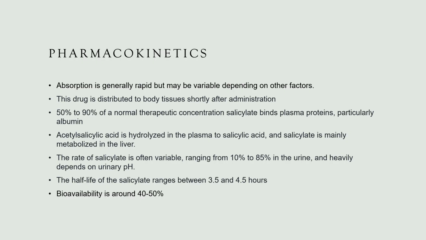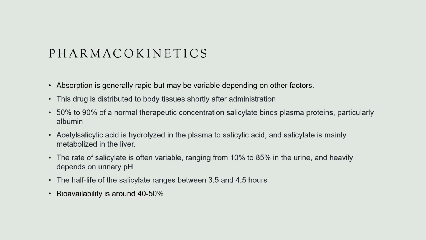The excretion of salicylates occurs mainly through the kidney by the processes of glomerular filtration and tubular excretion in the form of free salicylic acid, salicyluric acid, and additionally phenolic and acyl glucuronides.